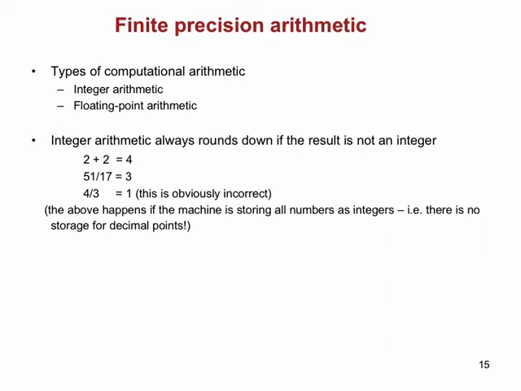So basically, if I have integers, 2 plus 2 is 4, that's great. But if I try to divide 51 by 17, that's still an integer. That's great. But if I try to divide 4 and 3, and I store it as an integer, there will be a roundoff there, and part of that number will be chopped off.